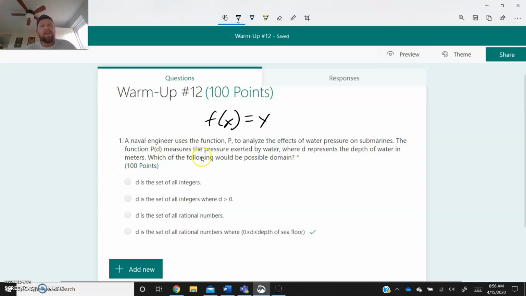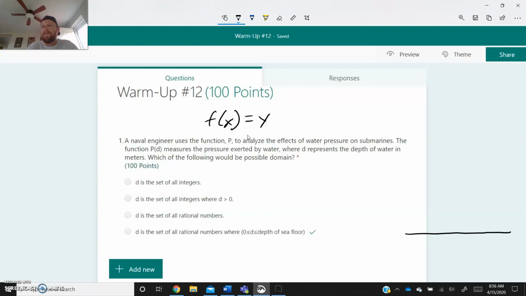It measures the pressure exerted by water, where D represents the depth of the water in meters. Which of the following would be a possible domain? The way it's worded is really tricky. P of D is going to be representing Y. That's what we're going to be concentrating on.